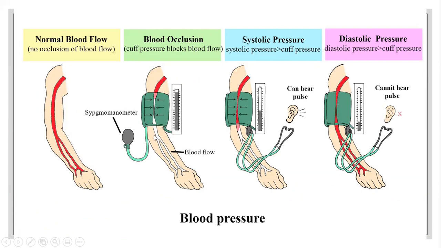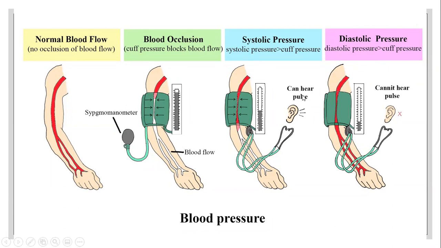Blood flow is off in the lower portion. This is the sphygmomanometer or hand pump. The cuff pressure blocks the blood flow, and we can hear the sound.